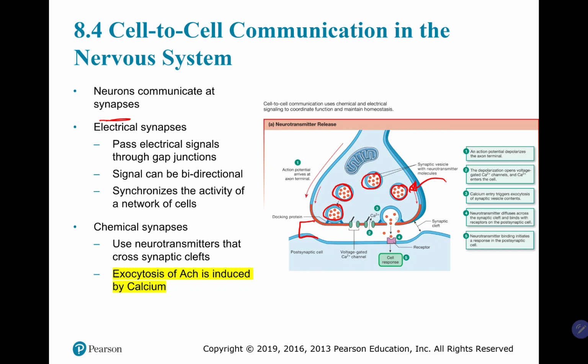Specifically, here it's acetylcholine. The exocytosis of acetylcholine is induced by calcium. So say, for example, at the neuromuscular junction, calcium enters this axon terminal and tells the vesicle to release the acetylcholine into the synaptic cleft space.